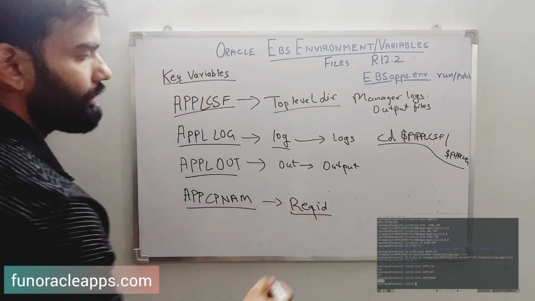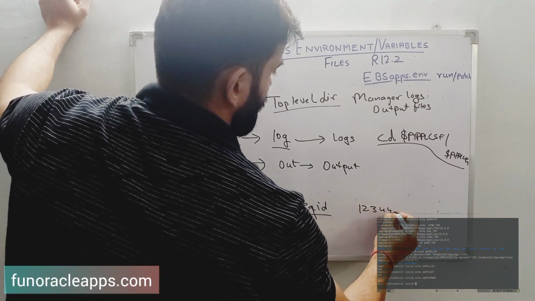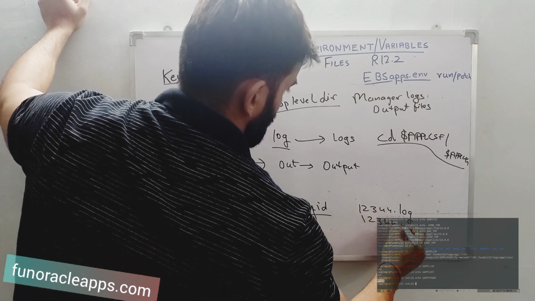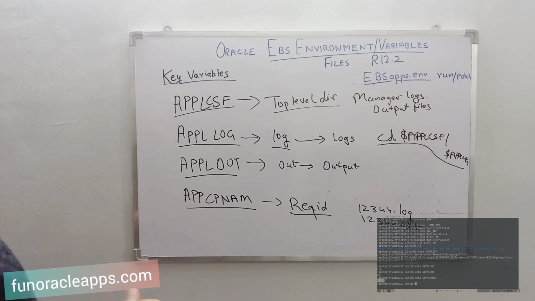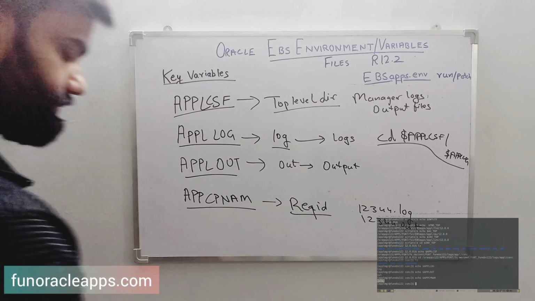That means the logs and everything that will be generated, let's say if my request id is 1234, will be 1234.log or 1234.out. So it will be based on your request id. I hope that is clear.